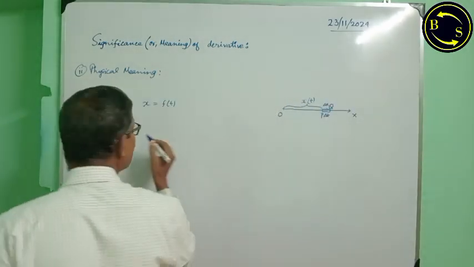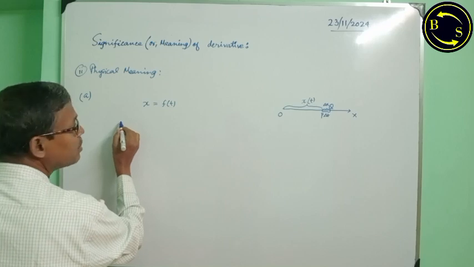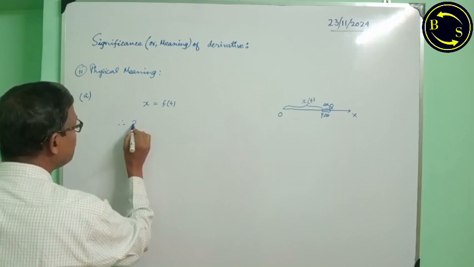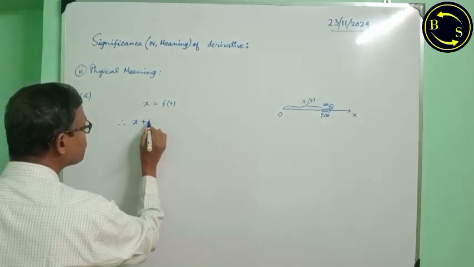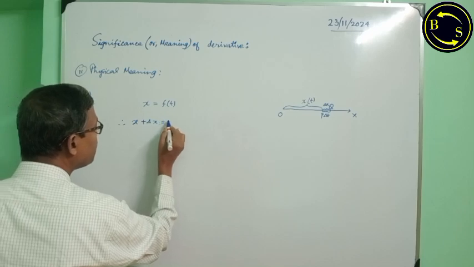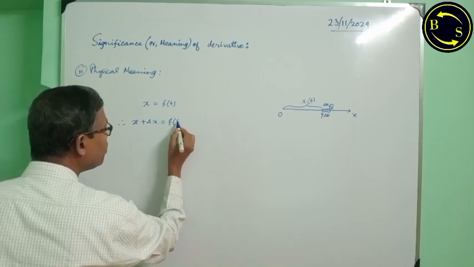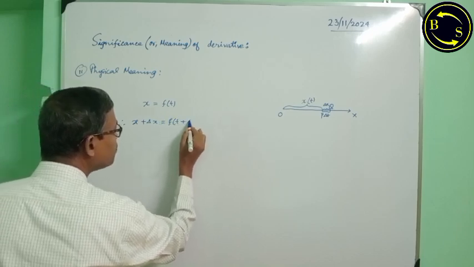Therefore, as per that description x plus delta x is f of t plus delta t.